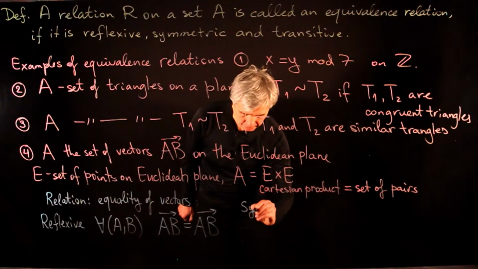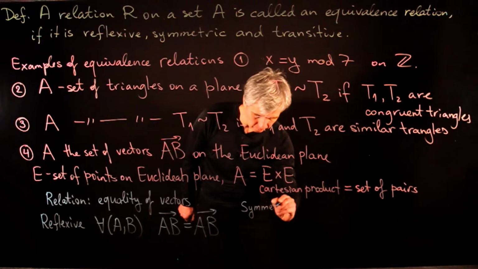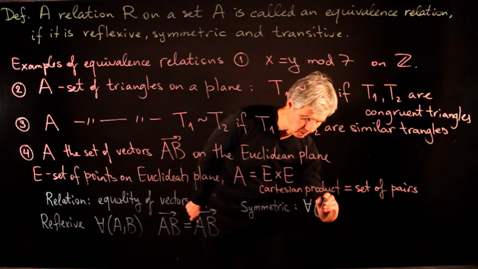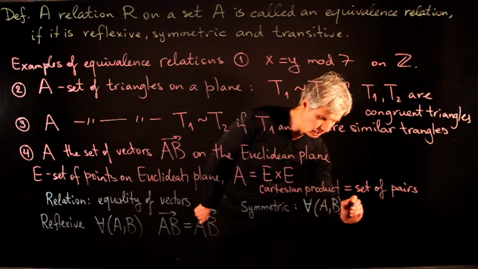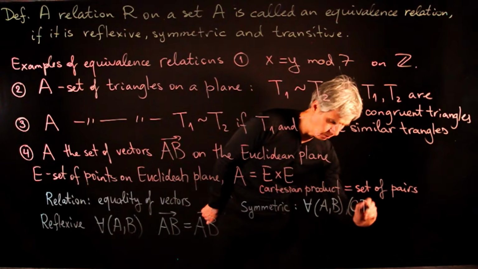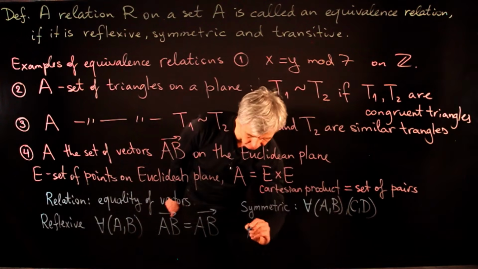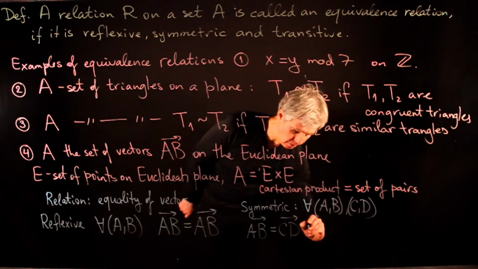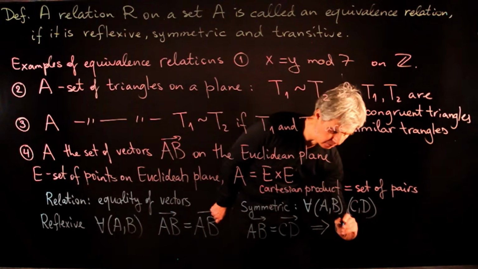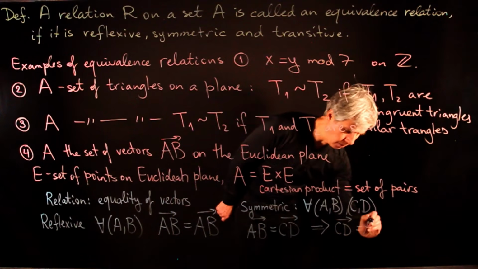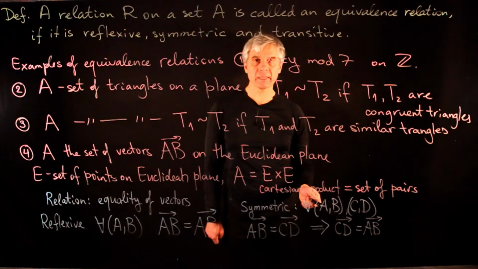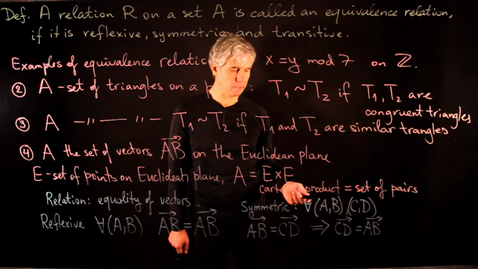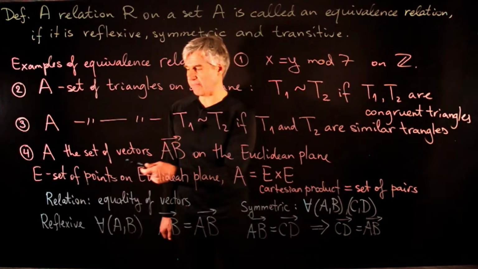The symmetric property says that for all pairs AB and CD, if AB is equal to CD, then CD is equal to AB. Keep in mind that elements of the set A in this example are not points on the Euclidean plane, but rather pairs of points, that is, vectors.